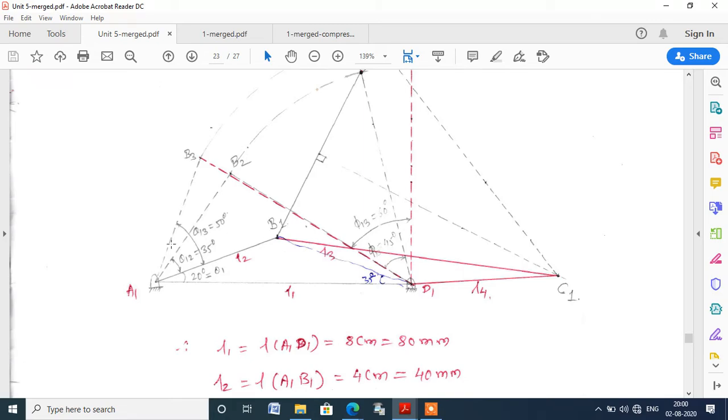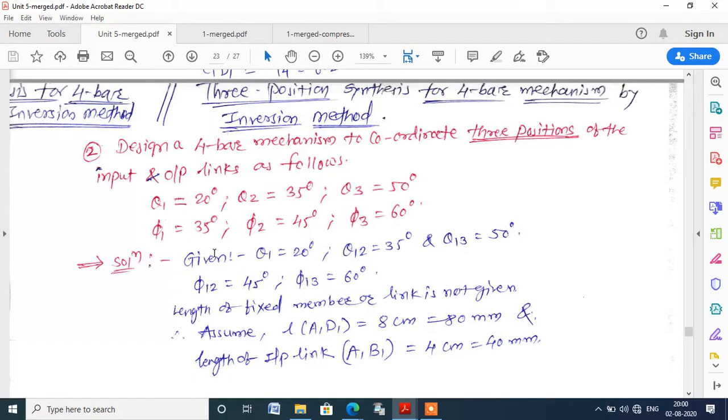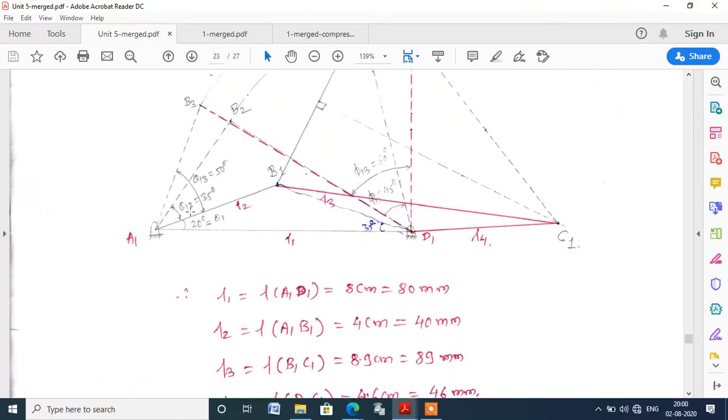Next you have to draw A1 B2. Correct. You have to mark the point B2. Draw A1 B2 with the same length as A1 B1, L2, that is 40 mm. But you have to take angle theta 12, how much? 35 degree. Theta 12 means you have to take the angle 35 degree with reference to the initial position A1 B1.